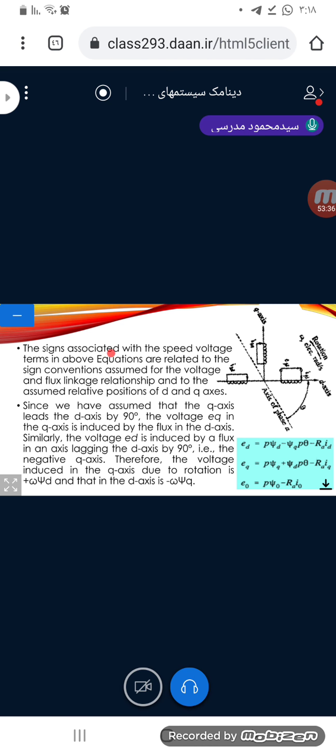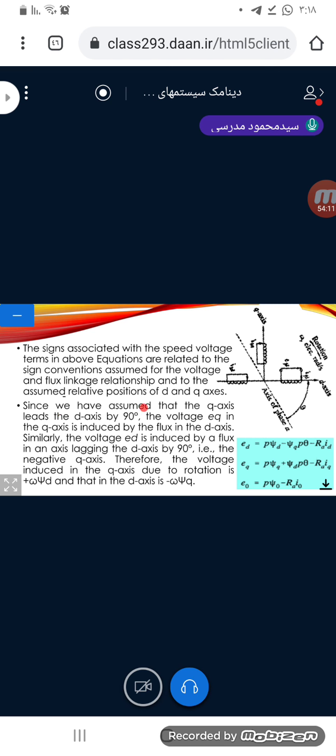Signs associated with the speed voltage terms in the equation are related to the sign conventions assumed for the voltage and flux linkage relationship and to the assumed relative position of D and Q axis.